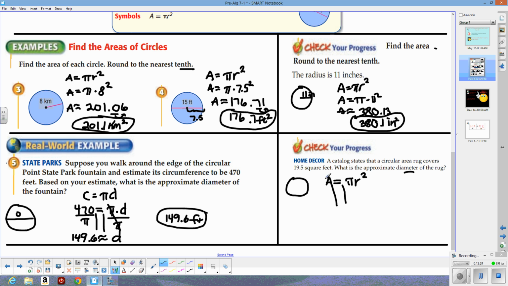And we know the area is about 19.5 square feet. So I'm going to put in 19.5 in place of A equals, and then pi times the radius squared. In order to get the diameter, we're going to first find the radius. Now, to get the r by itself, we'd have to divide both sides by pi.